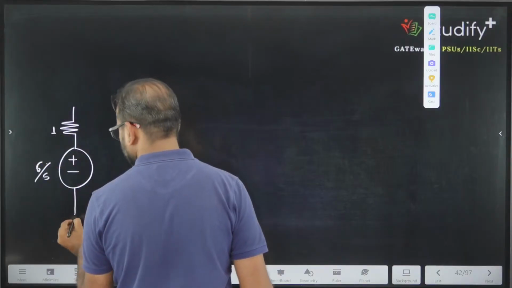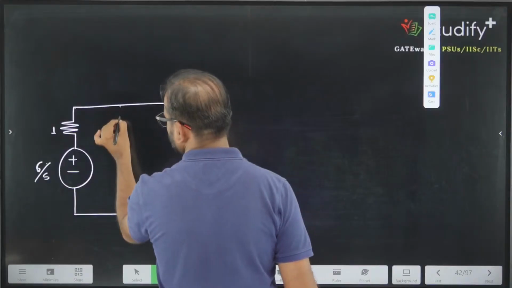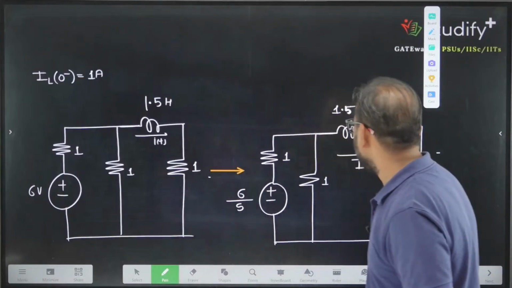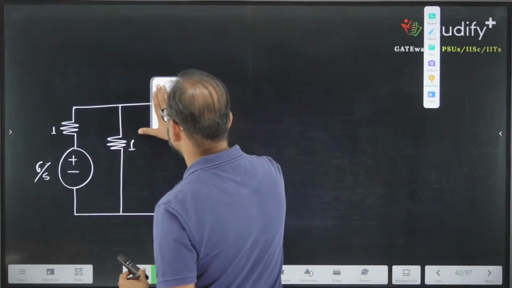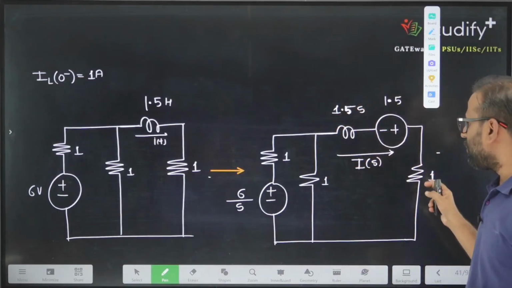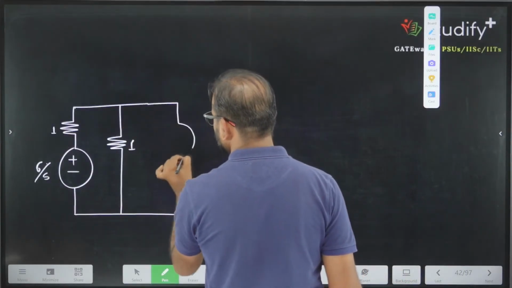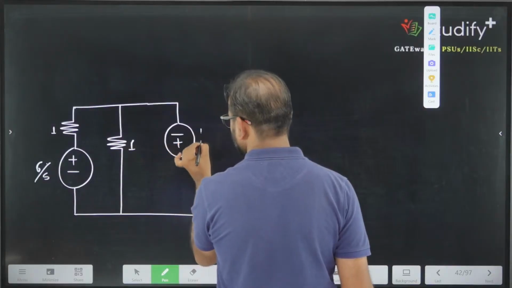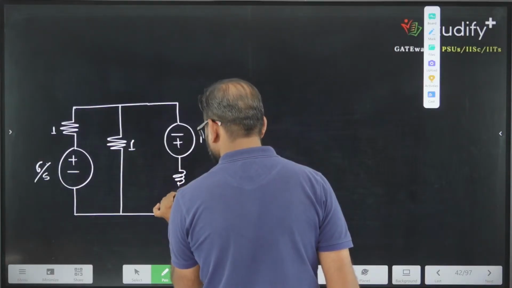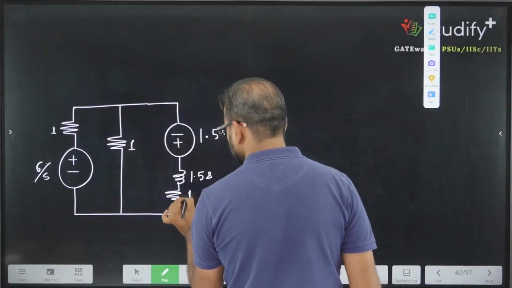This 1, this is also 1. Then we are having the inductor, 1.5 s plus 1. Both are in series, so I can write this as 1.5 s plus 1, correct?